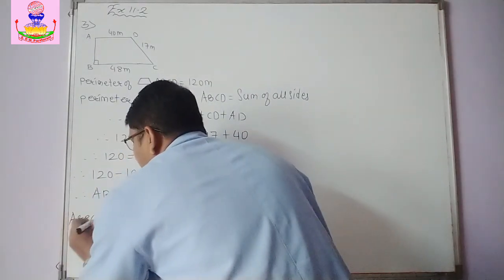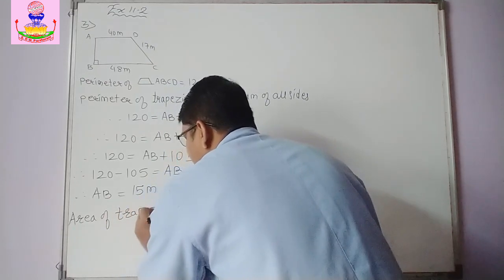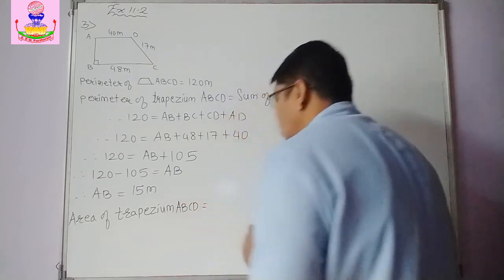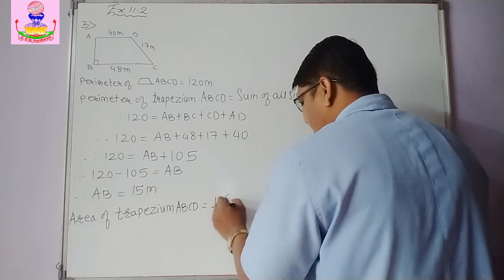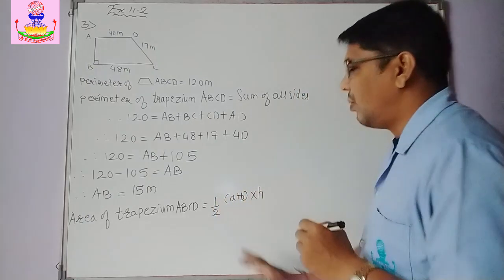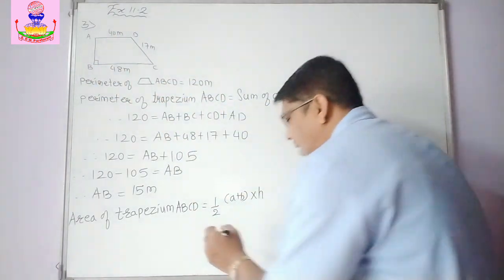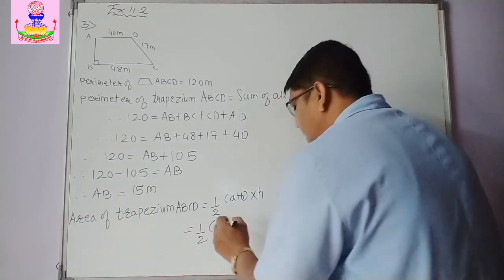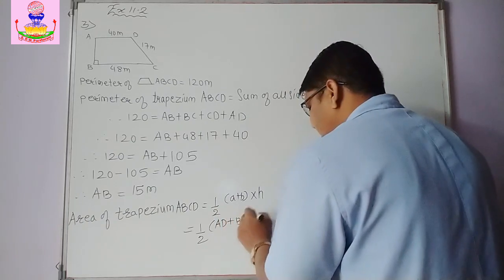So area of trapezium ABCD is equal to half into (a plus b) into h. Now what is a? One of the parallel sides is a and the other is b. So what I will write is half into AD plus BC, that is the parallel sides, into height.